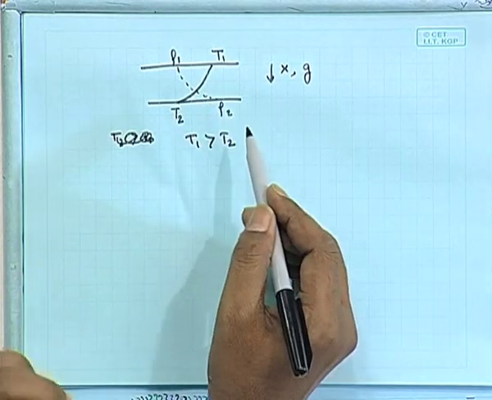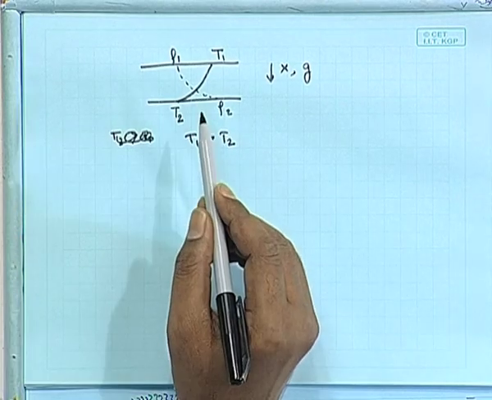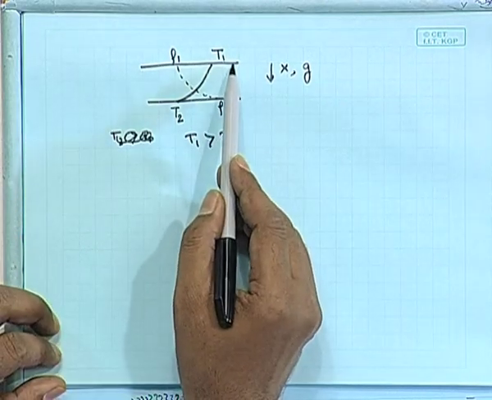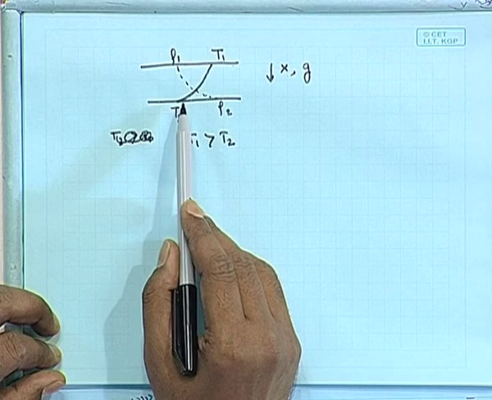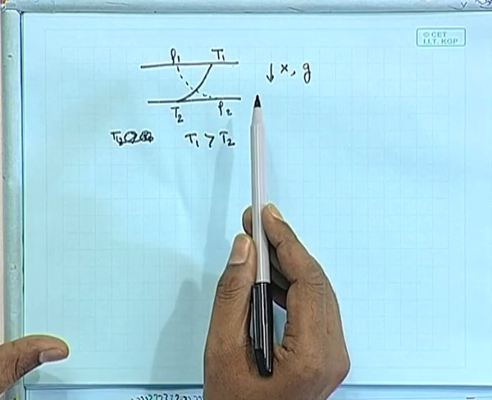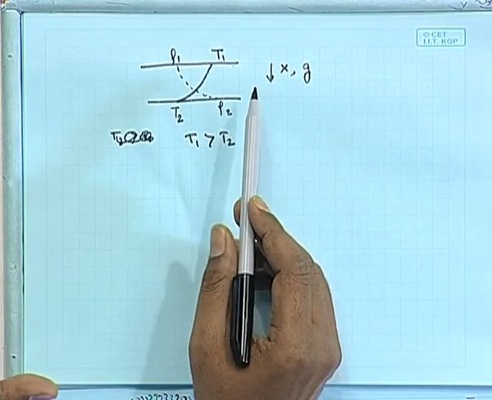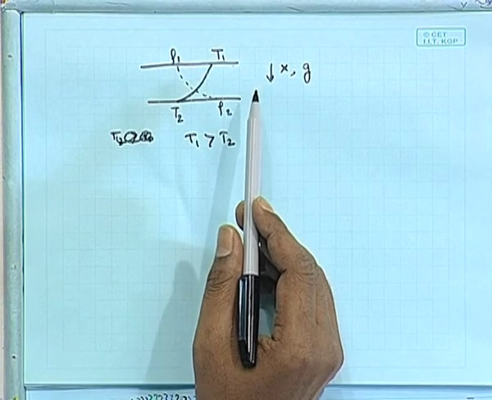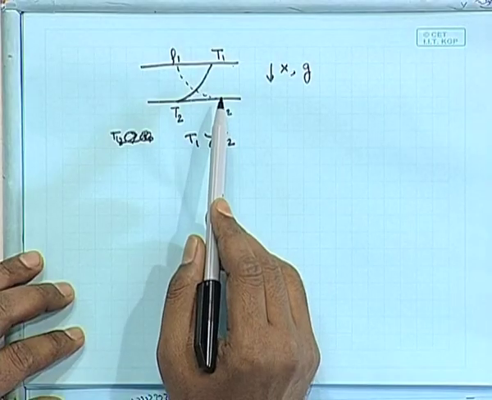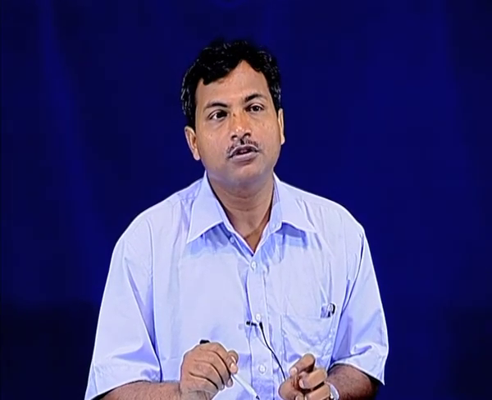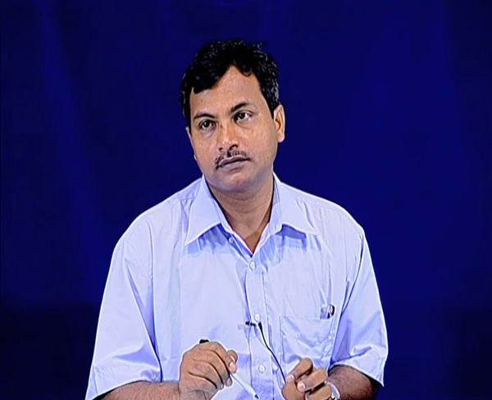So, there is no chance of getting a convection current here, but since the temperature of the top plate is higher than the temperature of the bottom plate, there will be heat flow. The heat will always flow from higher temperature to lower temperature. So, there will be heat flow in this case, but that heat flow is not due to natural convection, it will be simply due to conduction.